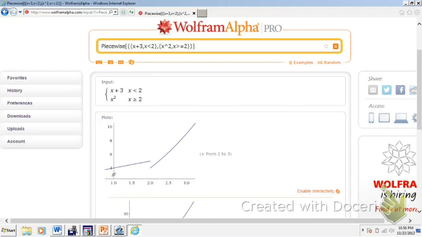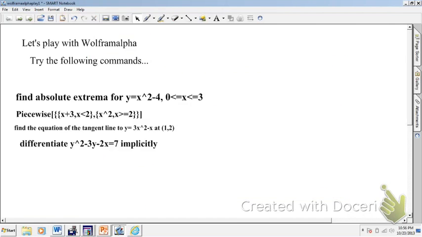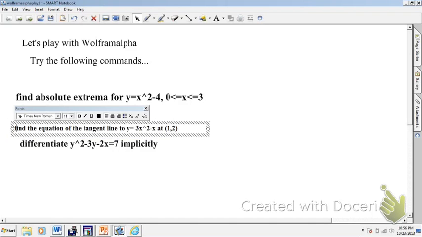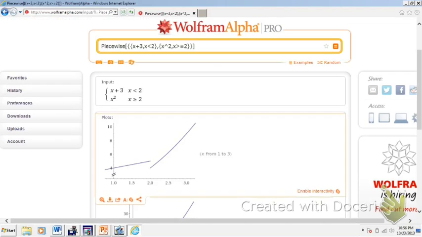And let's look at another command that is very important, especially at the beginning stages of calculus. Find the equation of the tangent line. How many times were you asked to find the equation of the tangent line to a curve at a certain point? A lot at the beginning. So let's take a look at that command.